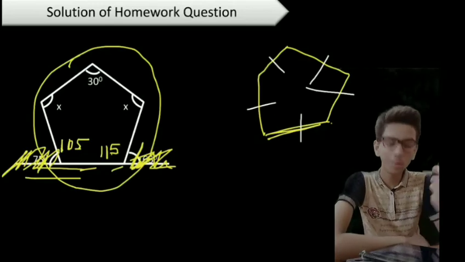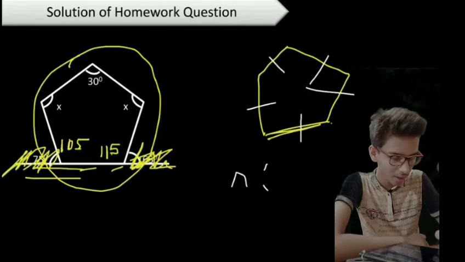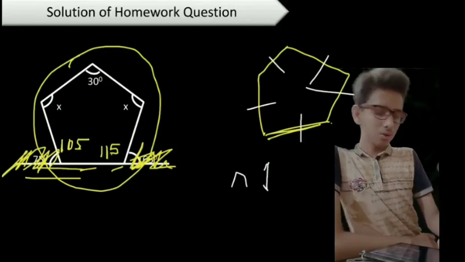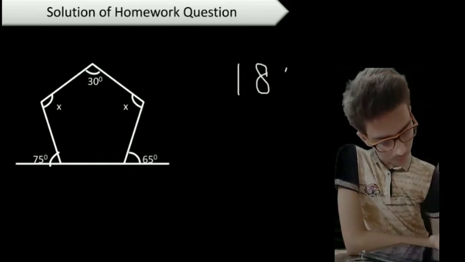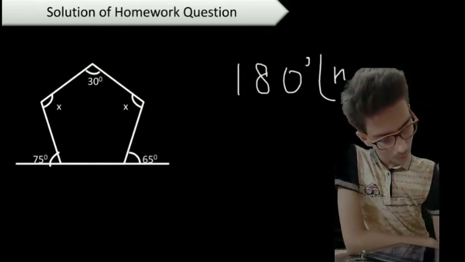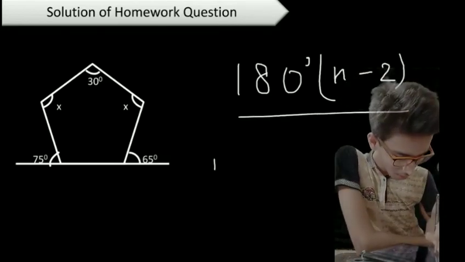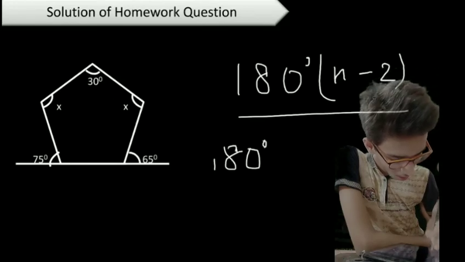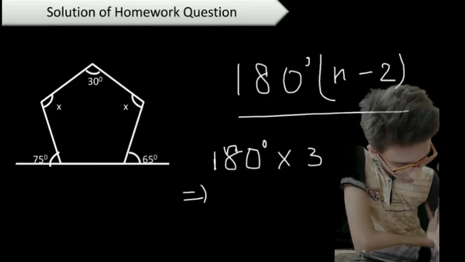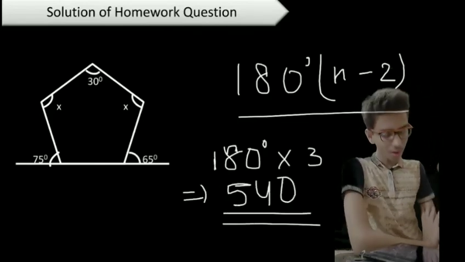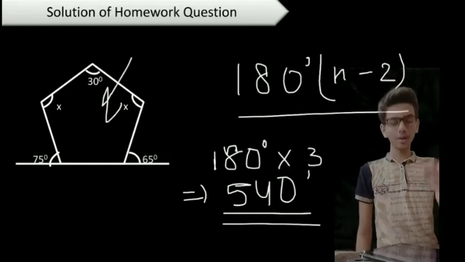The sum of interior angles formula is 180 into n minus 2. So 180 into 5 minus 2, which is 3. The sum is 540, so the sum of angles in this polygon is 540.